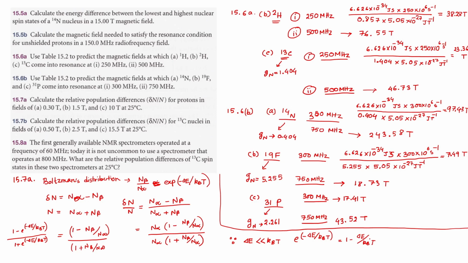So delta n by n is going to be 1 minus (1 minus delta E by kBT) by 1 plus (1 minus delta E by kBT).